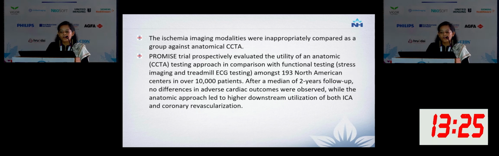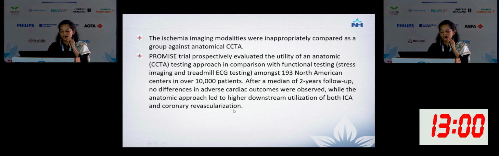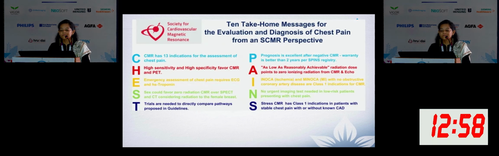The PROMISE trial evaluated the utility of anatomical testing in comparison to functional testing. It concluded that there were no differences in adverse clinical outcomes, but the anatomical approach led to increased downstream utilization, including invasive cath and coronary revascularization.